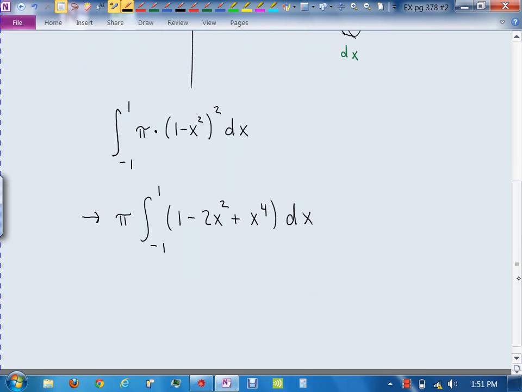And then I actually just expanded 1 minus x squared times itself, and then did like a FOIL and collected like terms. And that way I could do term by term integration. And then whatever that answer is, that represents the volume of the solid generated by rotating that region around the x-axis.